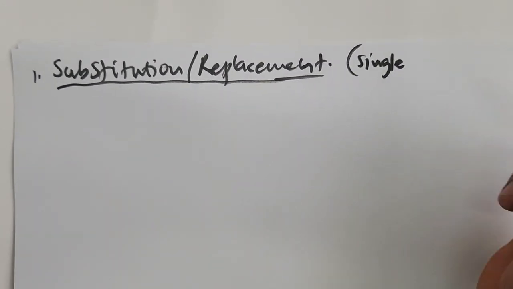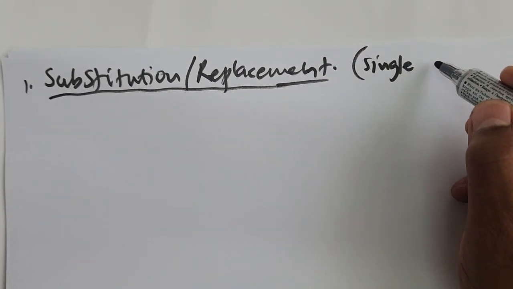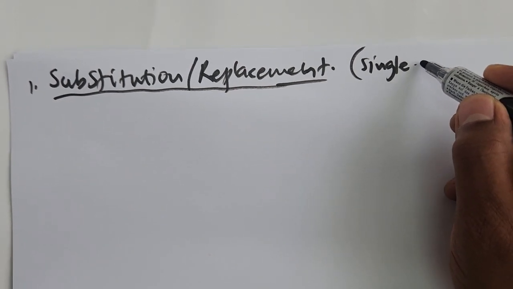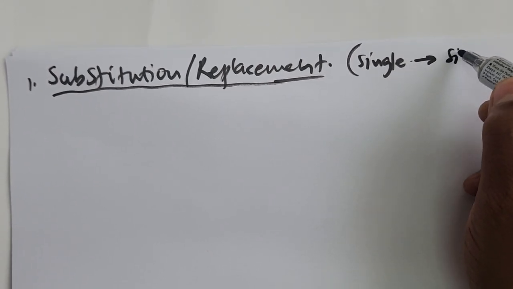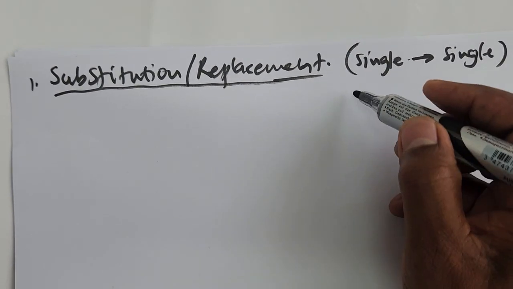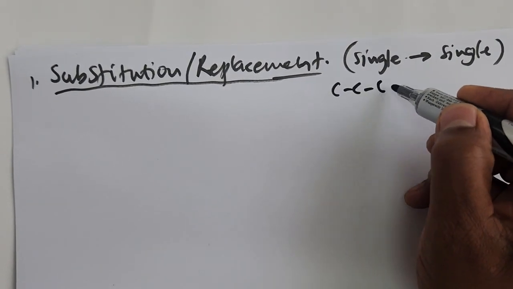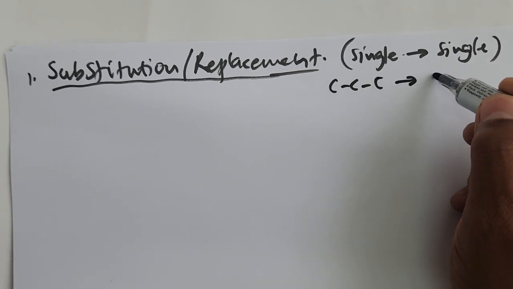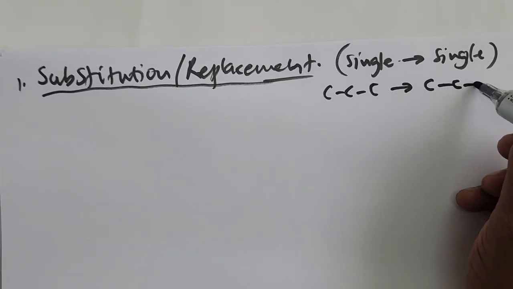From single bonds to single bonds, that's where substitution takes place. If I've got a single bond, it produces another single bond.